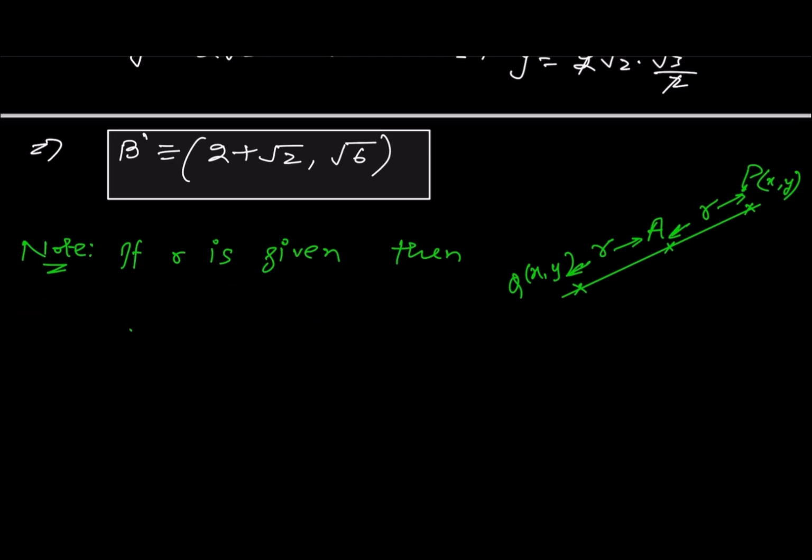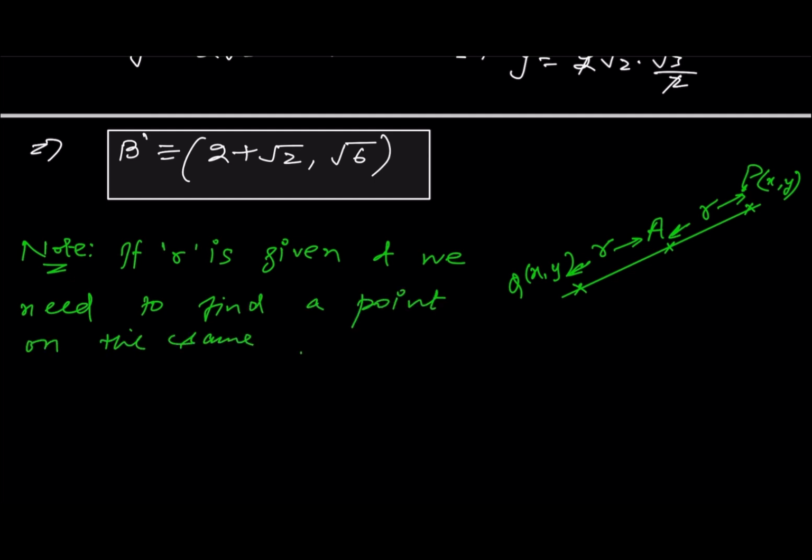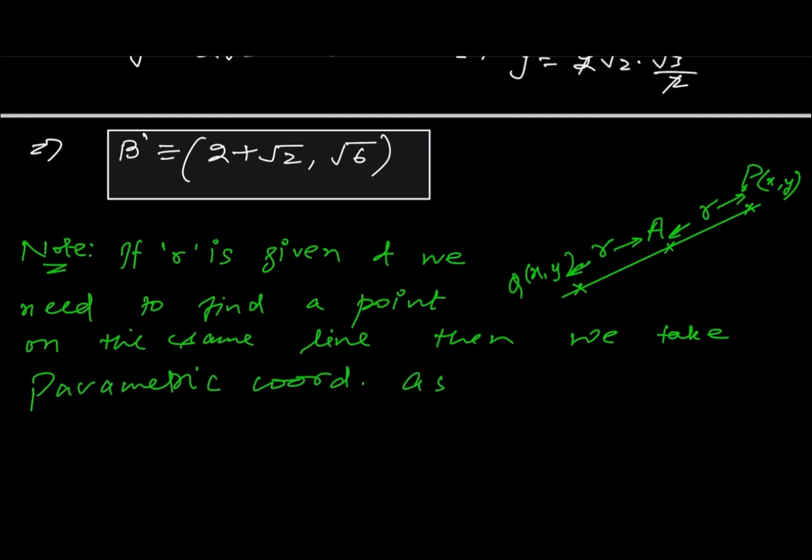If r is given and we need to find a point on the same line, then we take parametric coordinates as x is equal to plus minus r cos theta plus x1 and y is equal to plus minus r sin theta plus y1, right?